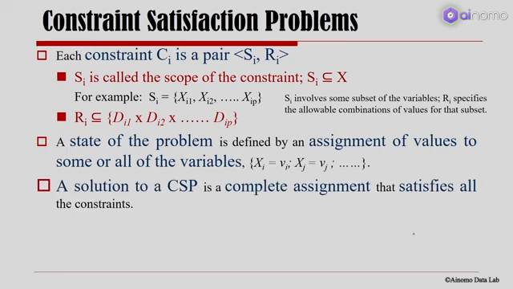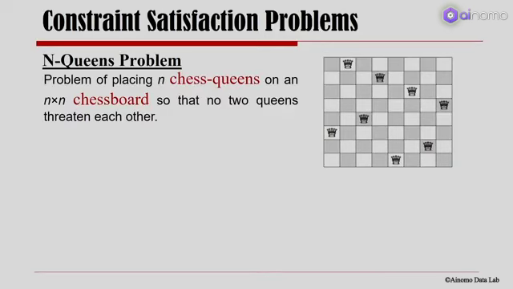Now let us look at a very popular problem from AI that uses the constraint satisfaction problem solving technique: the n-queens problem. The n-queens problem is a problem of placing n chess queens on an n cross n chessboard so that no two queens threaten each other.